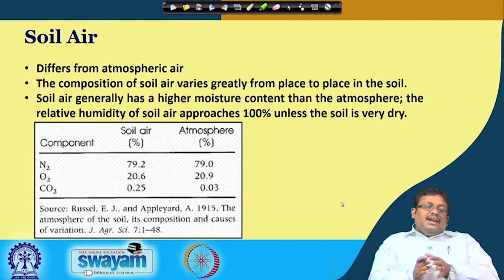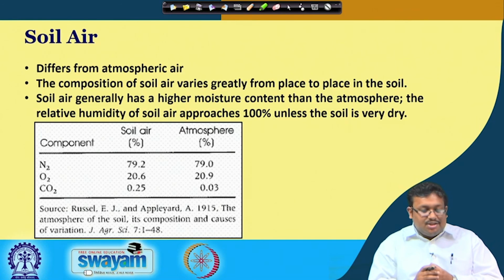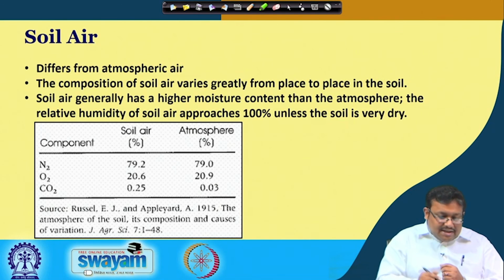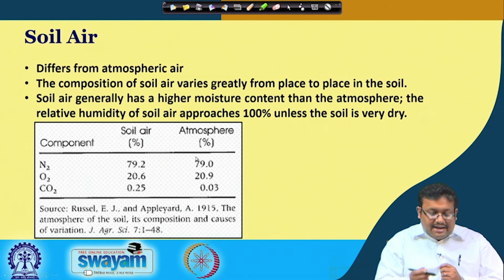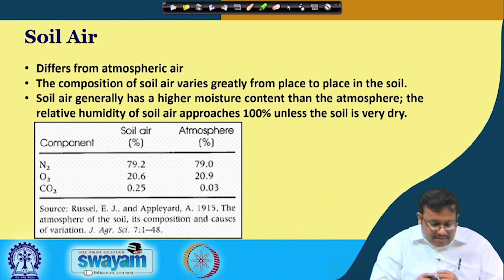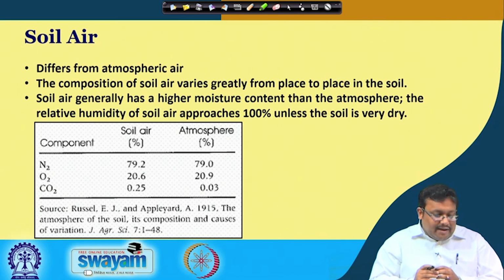Now, the composition of soil air obviously differs from atmospheric air. The composition of soil air varies greatly from one place to another, and soil air generally has a higher moisture content. Sometimes it reaches the humidity of 100% unless the soil is very dry. As you can see from this table, soil air contains 79.2% nitrogen, almost similar to the atmosphere, and oxygen is also the same.